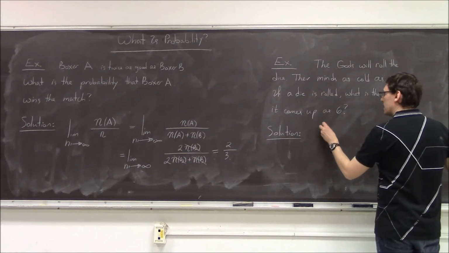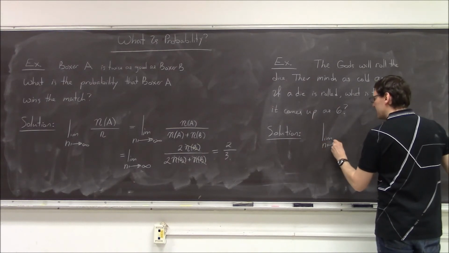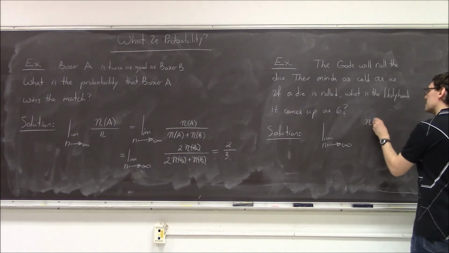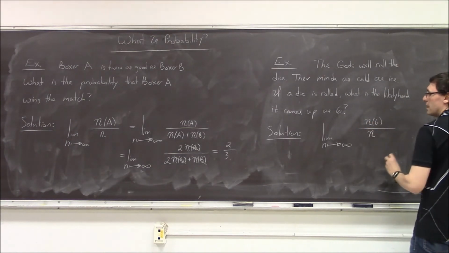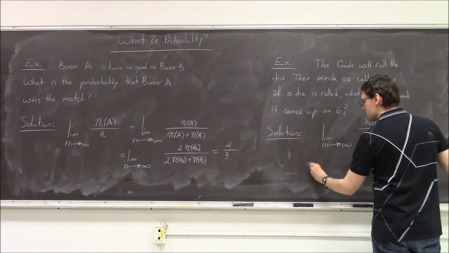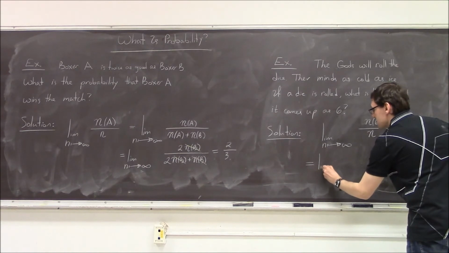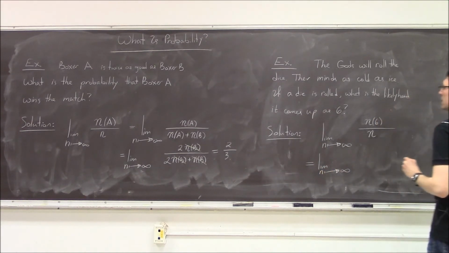We expect that to be the limit as n goes to infinity of the number of times we see 6 divided by the total number of times, which is the limit as n goes to infinity.